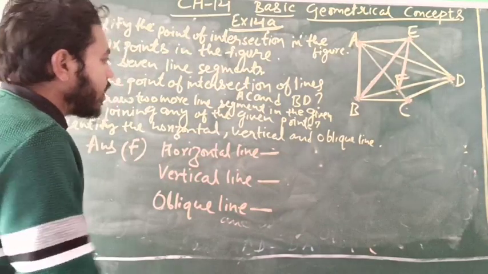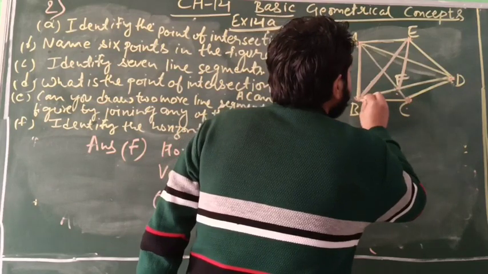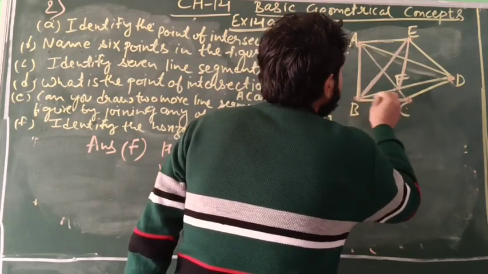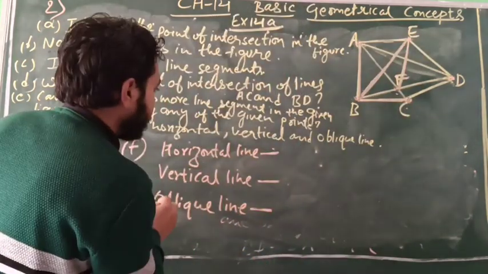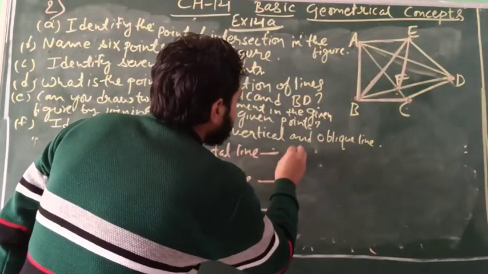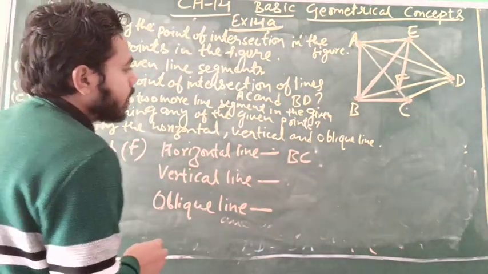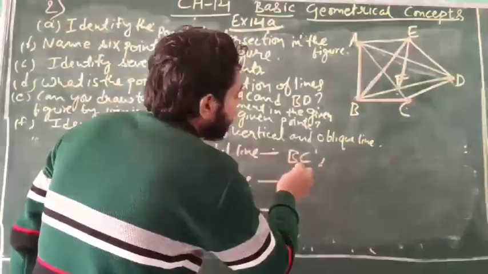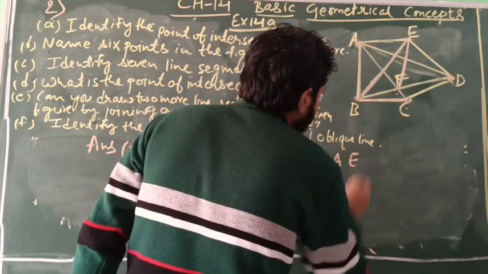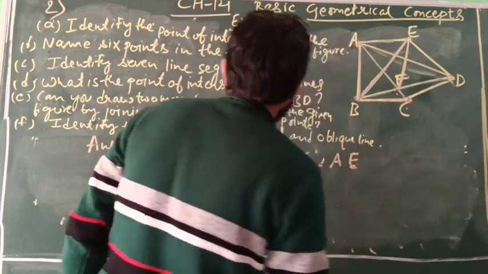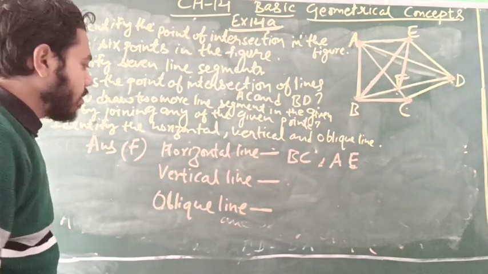So here you see the horizontal line BC, you see that BC is in a sleeping position. So BC and AE are horizontal lines. Okay.